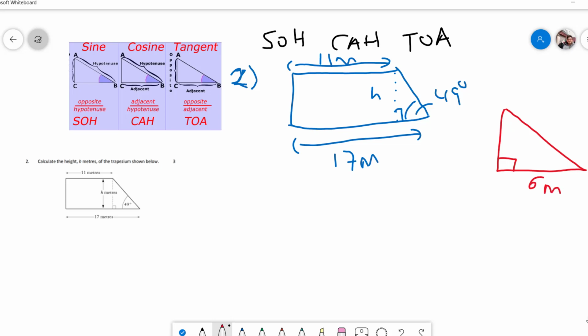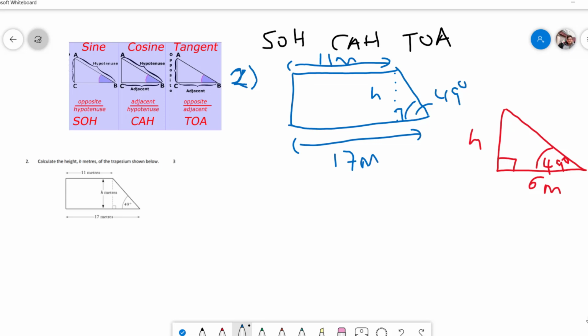We know that 6 meters. This side here is h, and we don't know the hypotenuse, but we do know that, which is 49 degrees. So what we want to find is simply h.